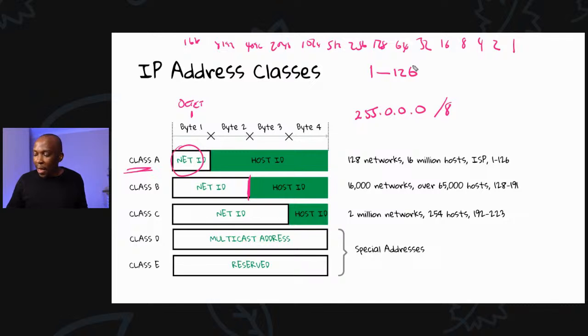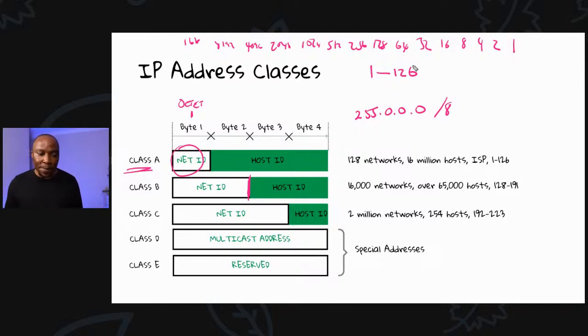And then any address that starts from 192 up to 223 is classified as a class C address. So by merely looking at an IP address, you should be able to identify whether it's a class A, class B, or a class C type of IP address.